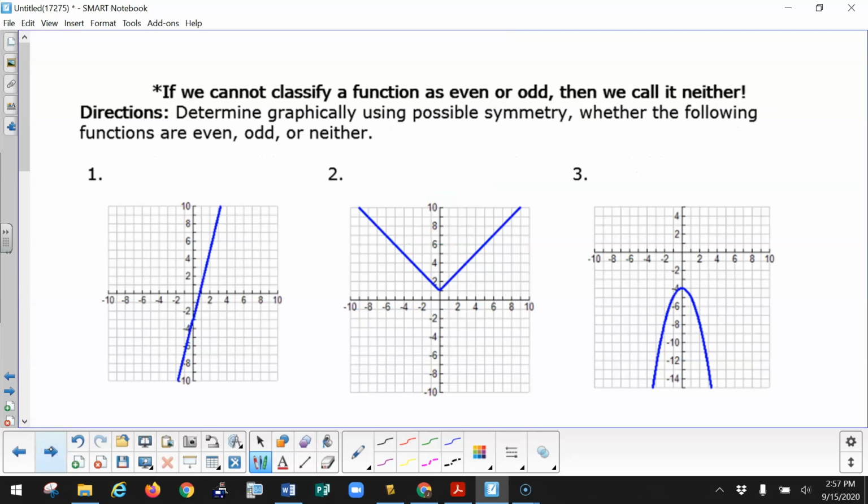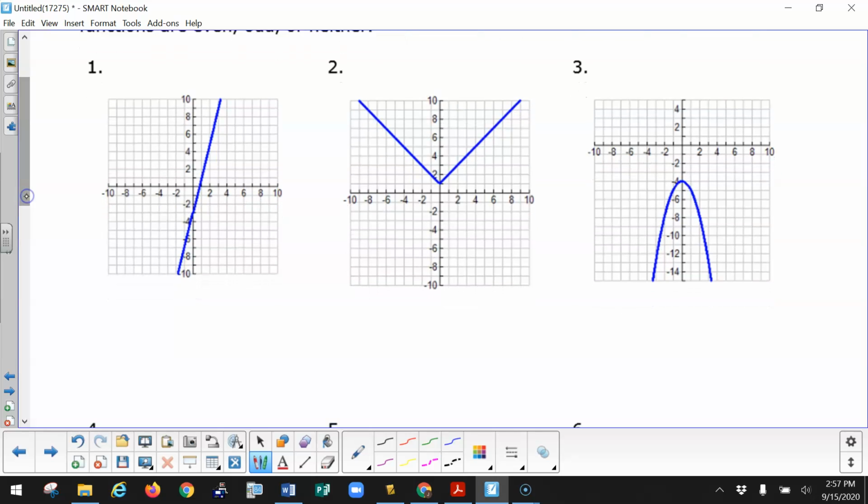Here are some examples for you. Graphically looking at these, number one doesn't have symmetry about the y-axis. It doesn't have symmetry about the origin, so we say that this is neither. For number 2, this is our absolute value function. As you can see, this is symmetric about the y-axis.